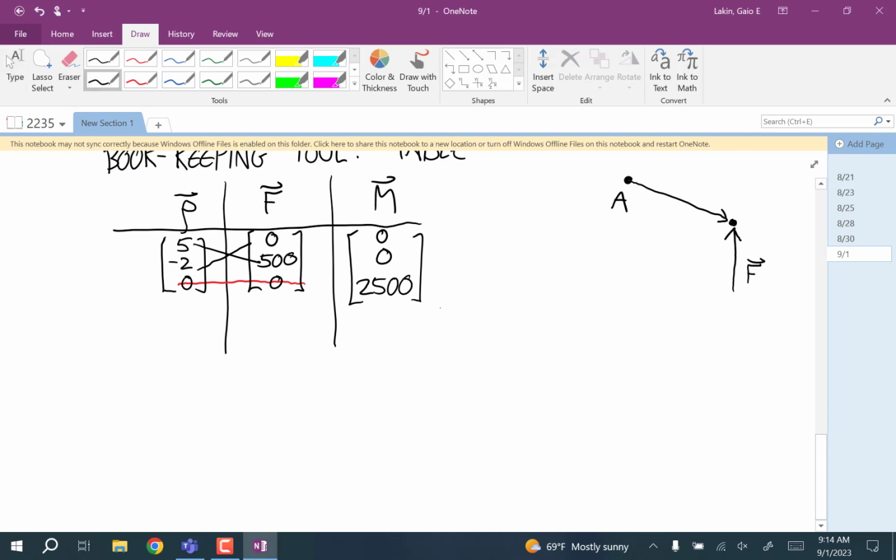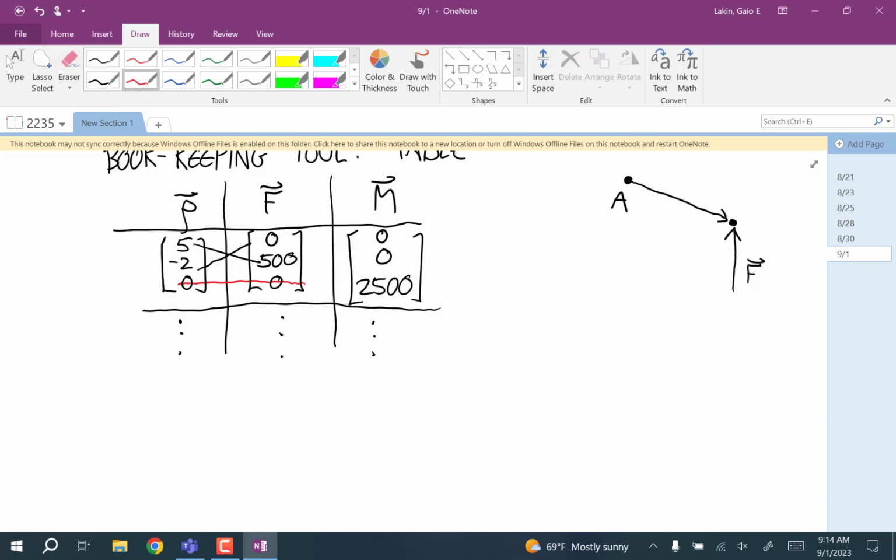And so with this table, for a single rigid body, you would enter one row of values for each force that's applied. Okay, so then you'd have that force, that force. If this body had 10 different forces on it, you'd have 10 rows, okay?